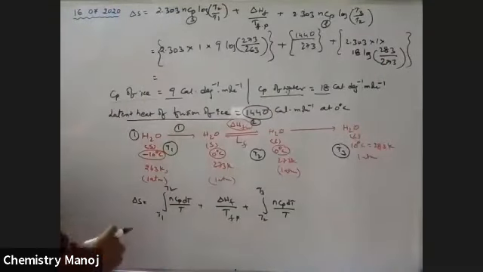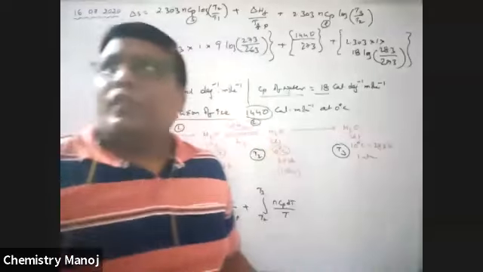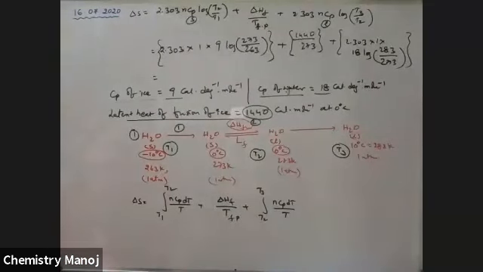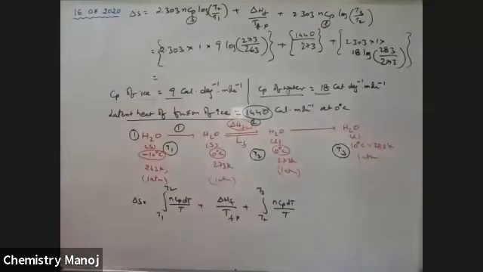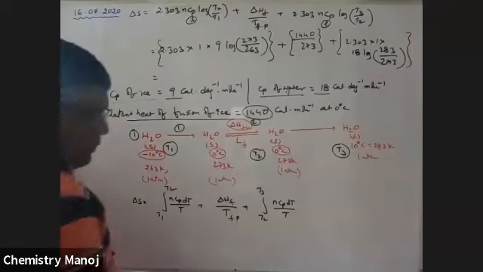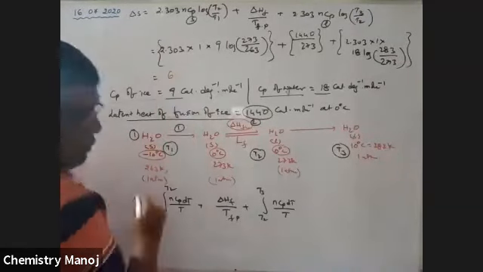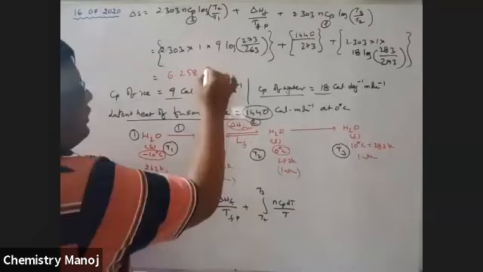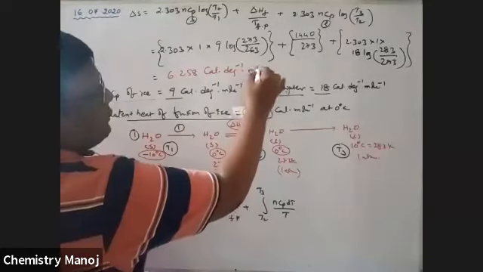Calculate yourself, and you will get the final answer. So finally, how much is the value? The final answer, after calculation, is 6.258 calorie degree inverse mole inverse.